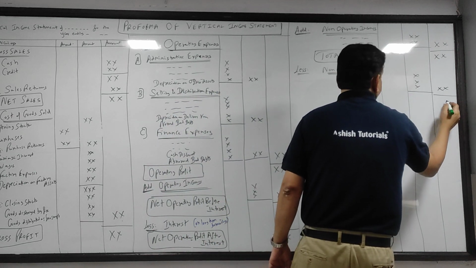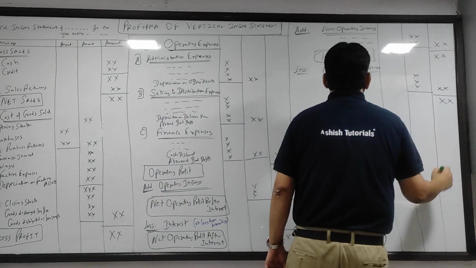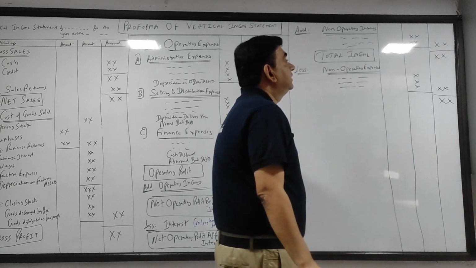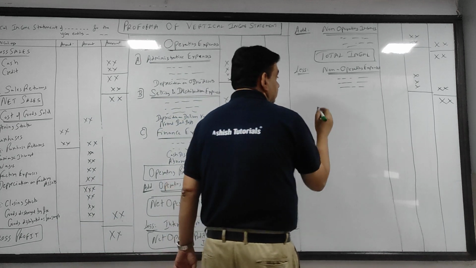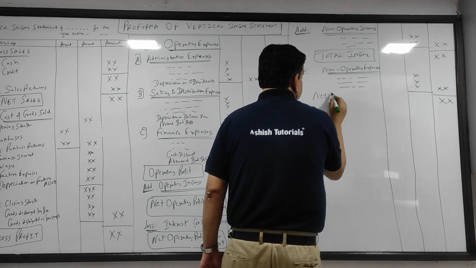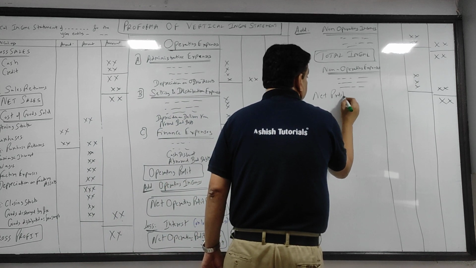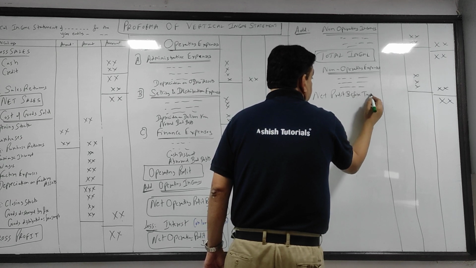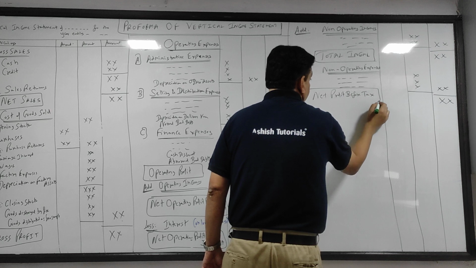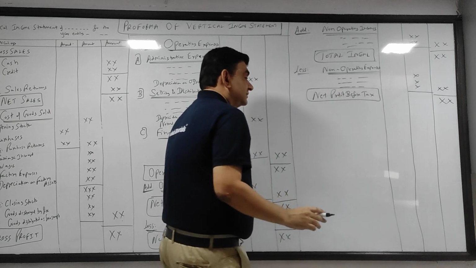Total income minus non-operating expense gives you the answer, that is your net profit before tax.